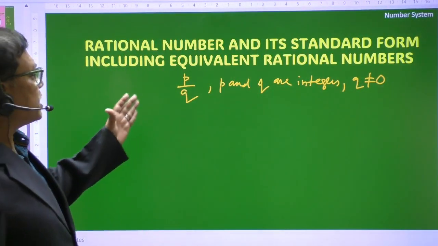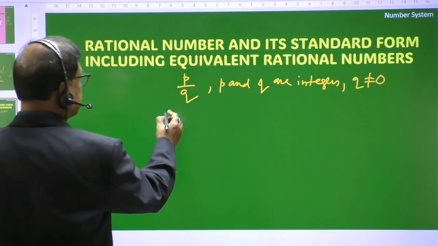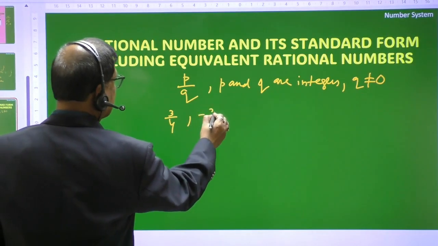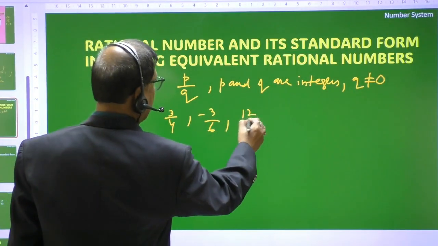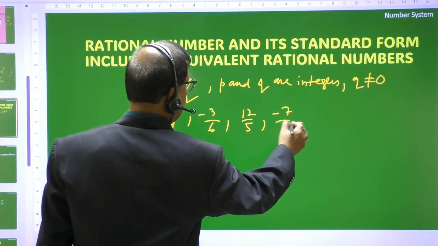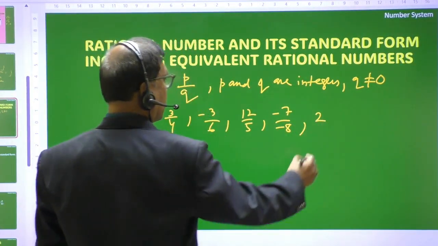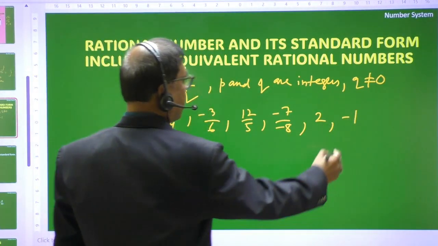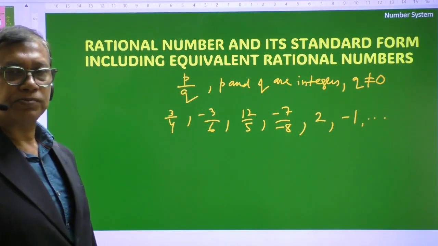So if this is the definition of a rational number, then according to it, 3/4, -3/6, 12/5, 7/-8, 2, -1, all these are rational numbers.